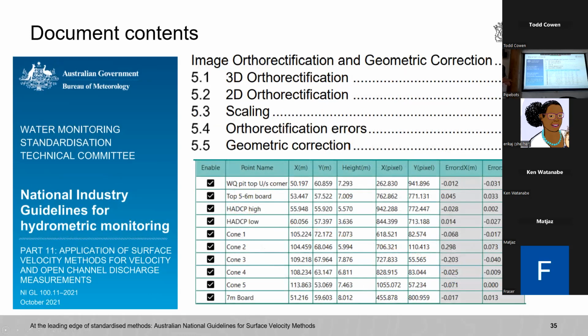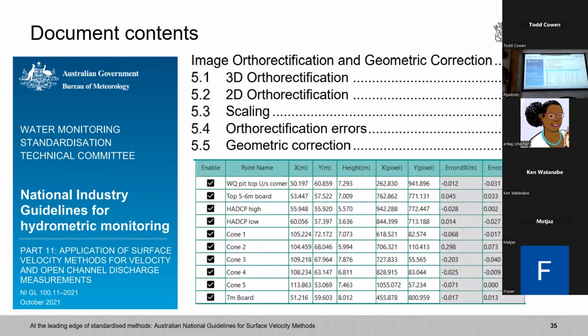Image ortho rectification. So we try to include information on the different types, to clarify that, something that sometimes people get a little bit confused about, and what specific ortho rectification method you need. So three-dimensional with your X, Y, Z information, your 2D, which would just be for a fixed water level, not changing, but with an oblique view.